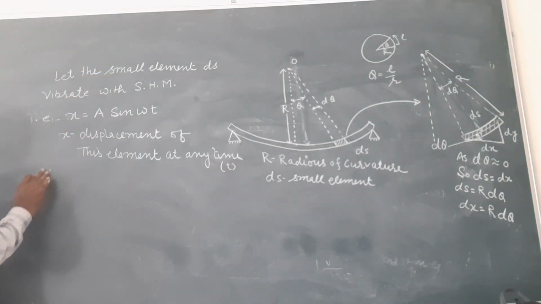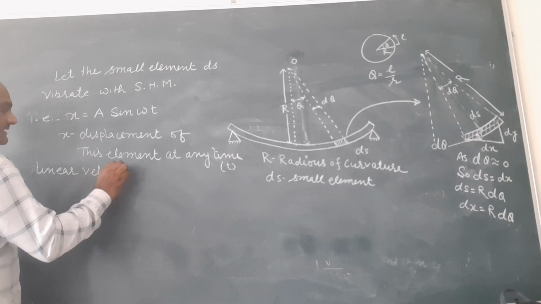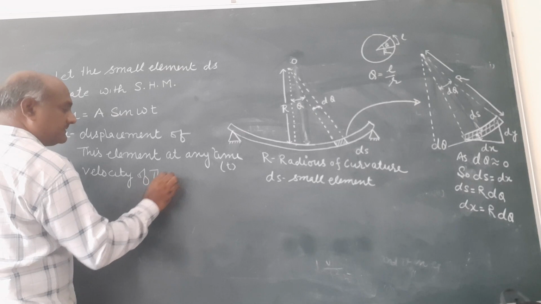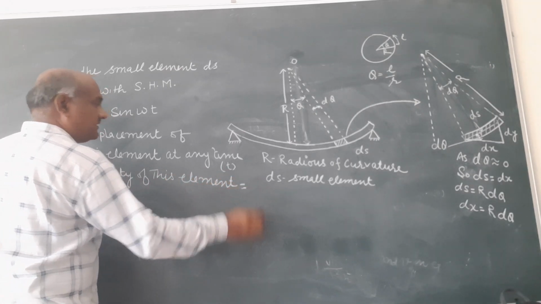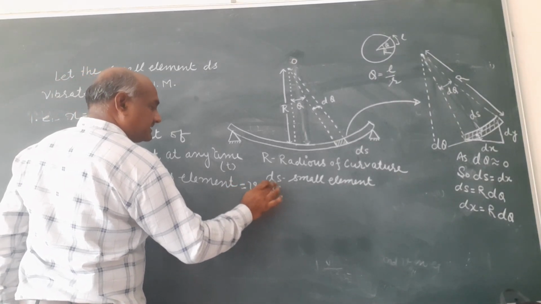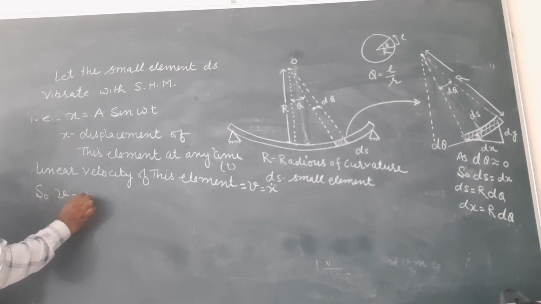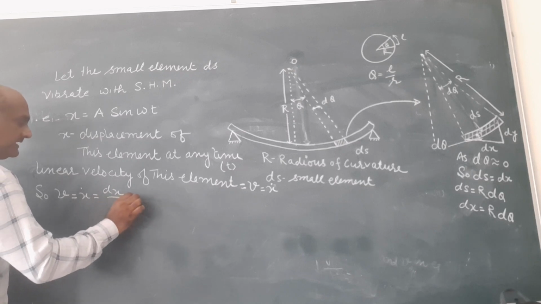The linear velocity of this element is v is equal to x dot, which is dx by dt.